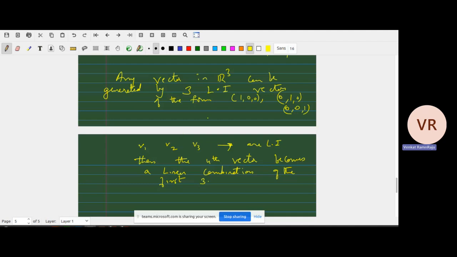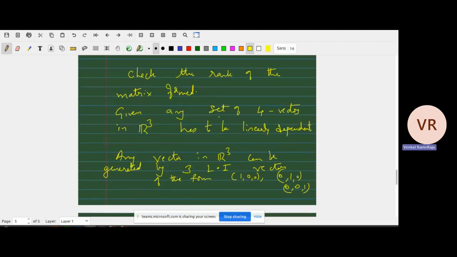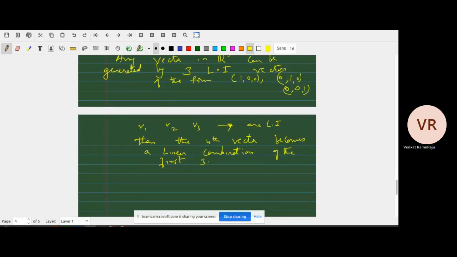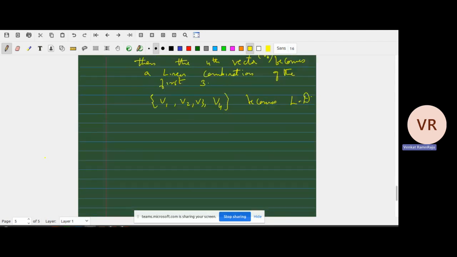So in any case, I started with any set of 4 vectors, let's say the fourth vector v4, so this set of 4 vectors v1, v2, v3, v4 becomes LD. So that's a simple observation.